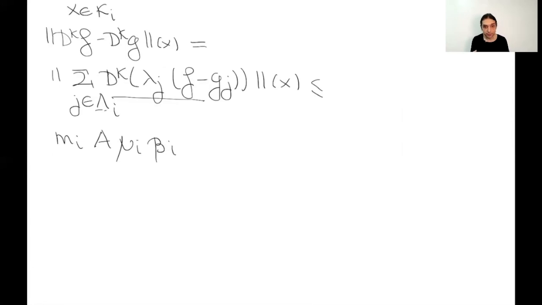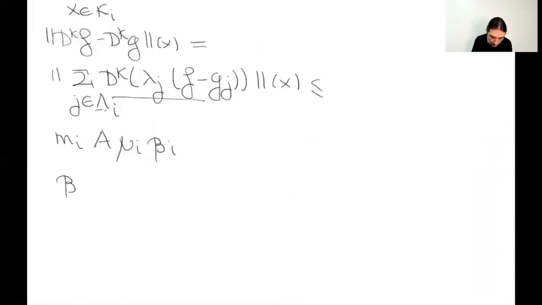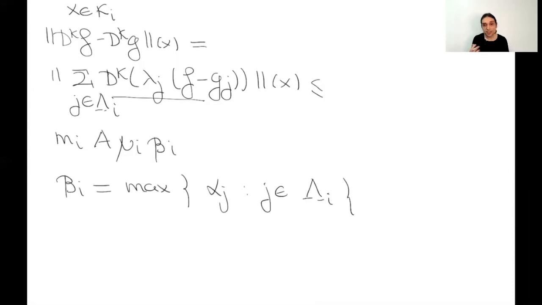And now let us write here again the expression for beta_i. Beta_i is the maximum of alpha_j when j belongs to Lambda_i. So if we consider very small alphas, we get very small betas.